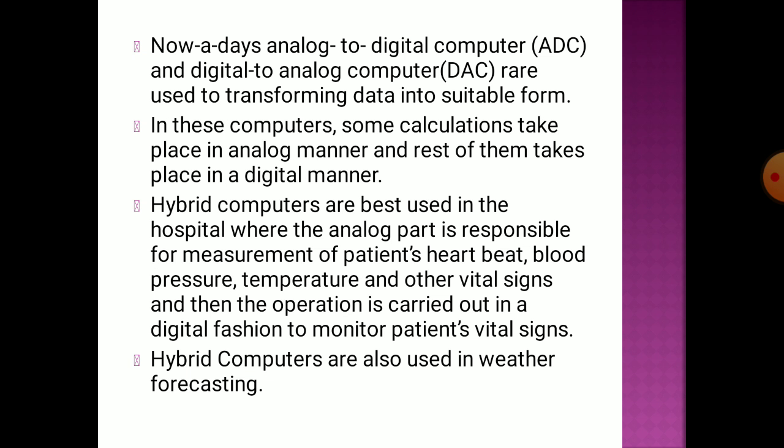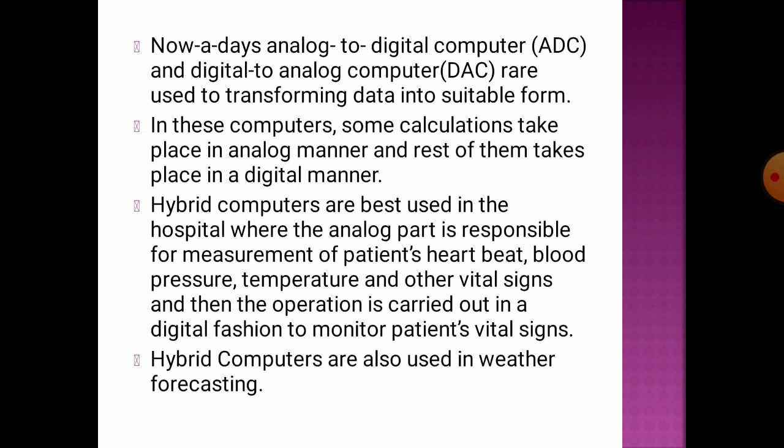You can read more about hybrid computers. Nowadays in the current era, we have ADC and DAC, that is analog to digital converter and digital to analog converter. What we do here is transfer the data from one format to another.